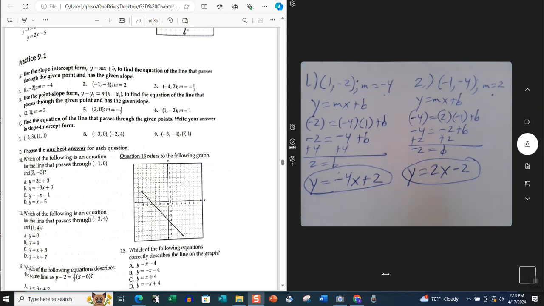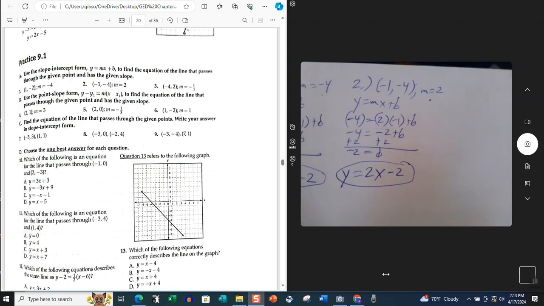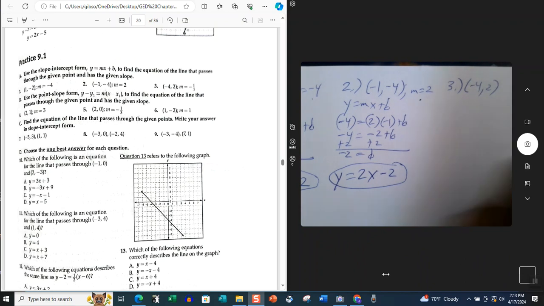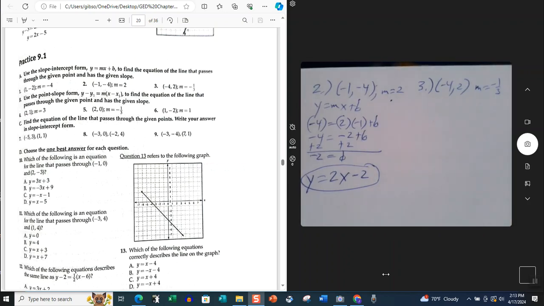So now we go on to problem number 3. The point is (negative 4, 2), and then our slope is negative 1/3. Now you know we always got to slide a fraction in every so often. So we're going to slide that in.